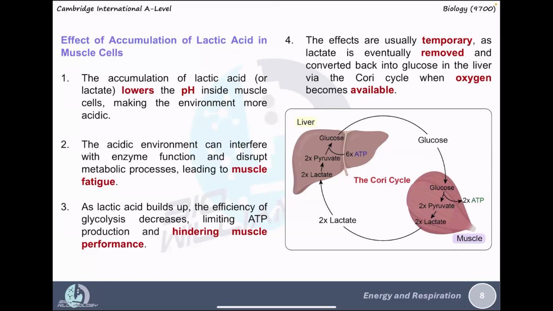Inside the liver, there are reactions to convert this lactate back to glucose, or lactate can be oxidized to form CO2 and water, as long as oxygen becomes available.